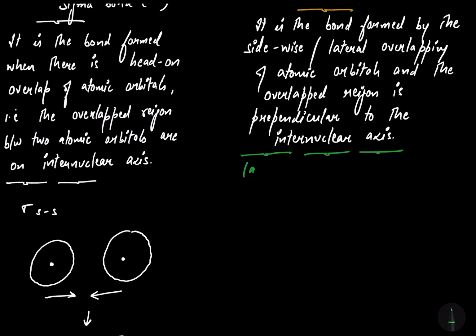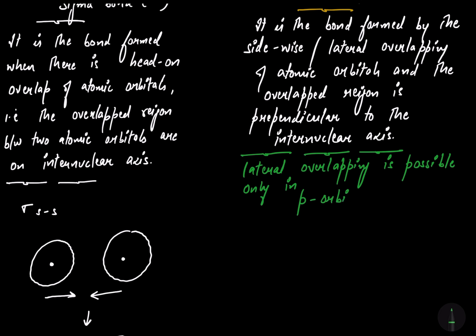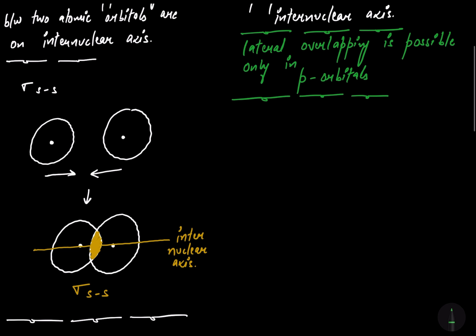I'm writing: lateral overlapping, or we can say sidewise overlapping, is possible only in p orbitals.